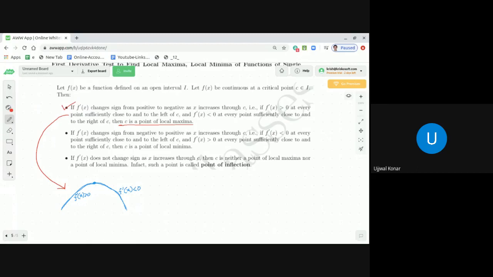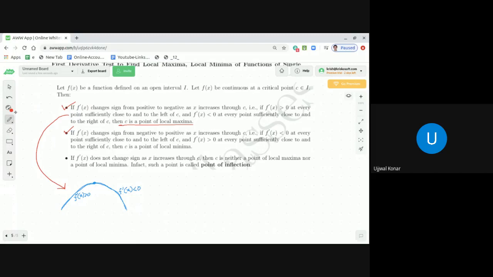The second statement says that if f'(x) changes sign from negative to positive as x increases through C, and f'(x) is less than 0 at every point sufficiently close to and to the left of C, and f'(x) is greater than 0 at every point sufficiently close to and to the right of C, then C is a point of local minima.